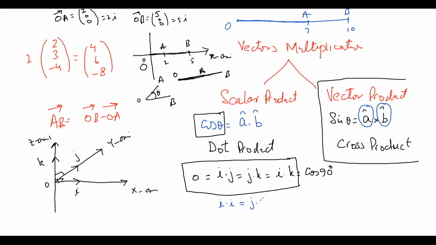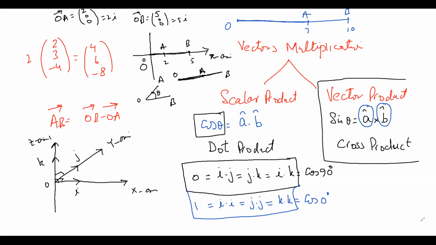That will be equal to J dot J, will be equal to k dot k, and they will all be equal to cos 0. And you know that cos 0 is 1. That is why you will have this fact over here that I dot I, that is same as j dot j, and that is same as k dot k. So that is equal to 1. Okay.